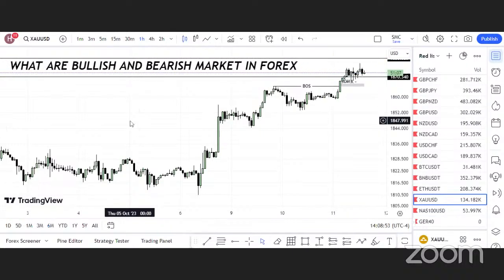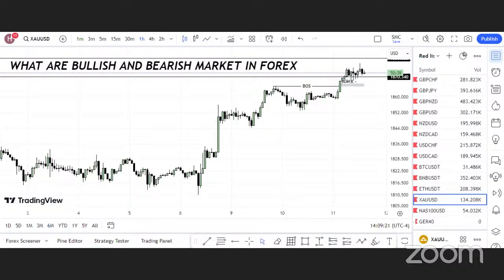Whenever you hear anybody saying bull, they mean bullish. And when you hear any forex trader saying bear, they mean bearish. All right. So they are often used to describe how the overall financial market is performing in general. Okay, whether they are appreciating or depreciating.